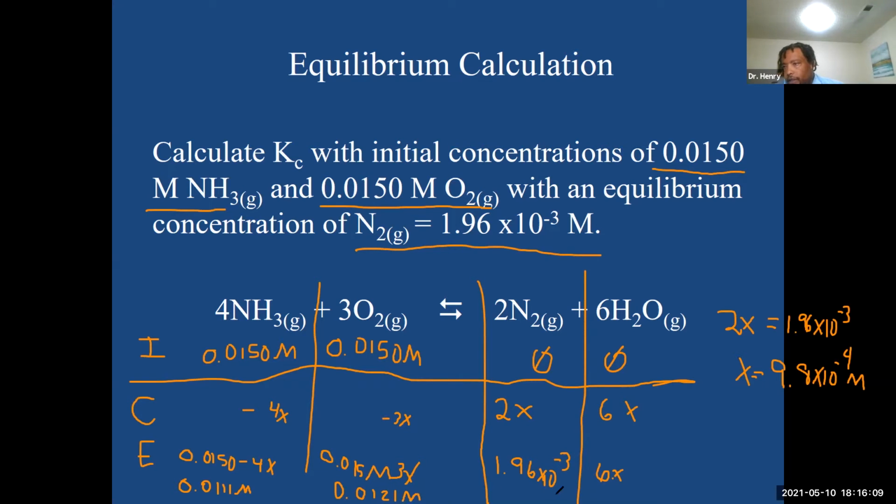We know what that one is, as it is. Then we have 6 times 9.8 times 10 to the negative 4th, and so that's 0.00588. So how would I calculate the equilibrium constant?